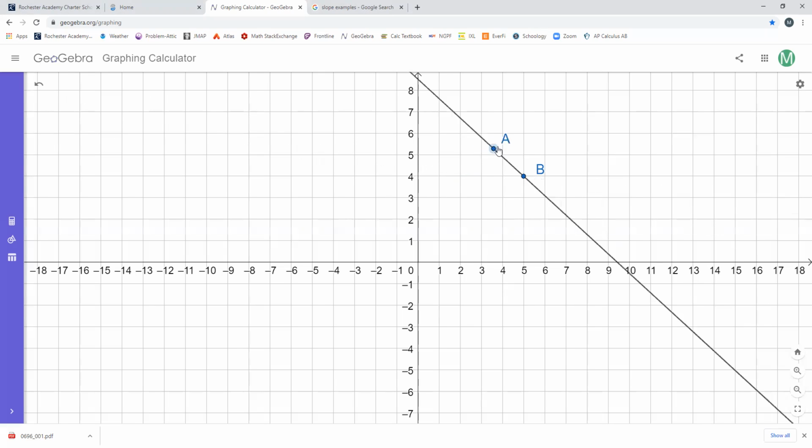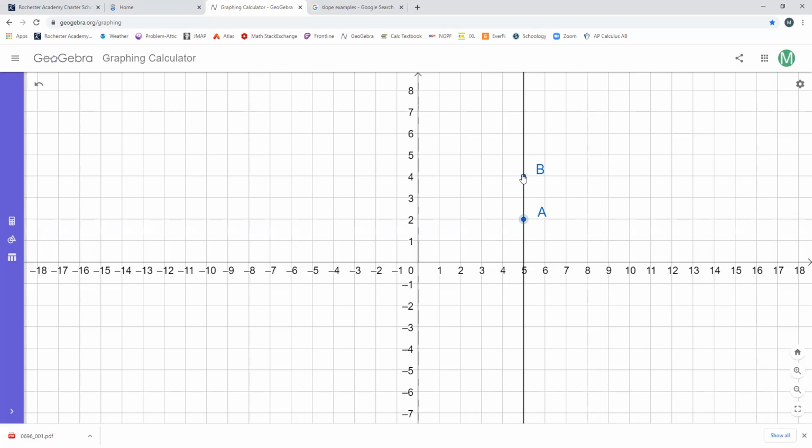By contrast, we could have a slope that's so steep that it's just going straight up and down. Let me put A down here to keep it honest with what we've been doing up to this point. This is going up 2 and over 0.